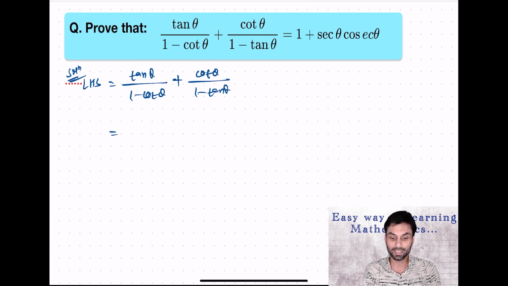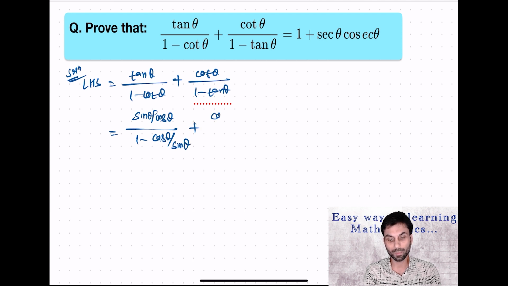We can write tan theta as sine theta upon cos theta, and 1 minus cot theta can be written as cos theta upon sine theta, plus cot theta can be written as cos theta upon sine theta, upon 1 minus tan theta can be written as sine theta upon cos theta.